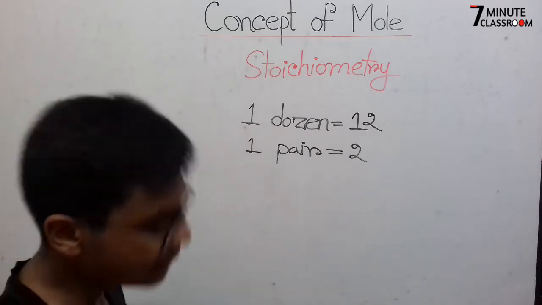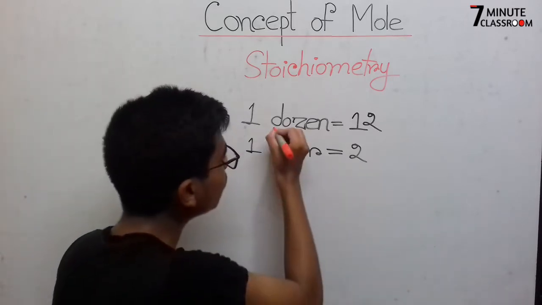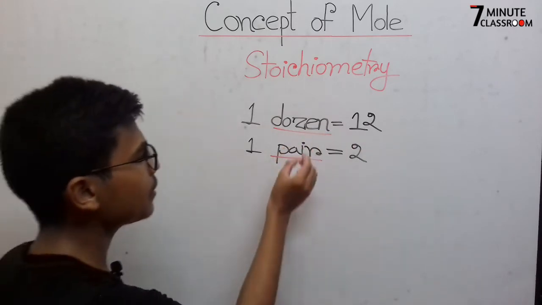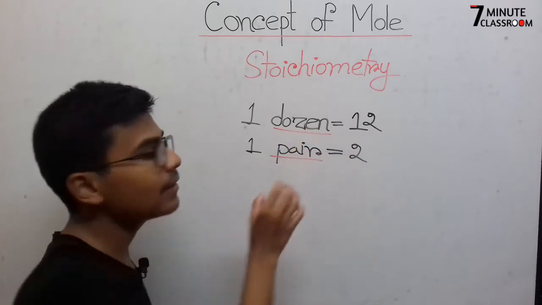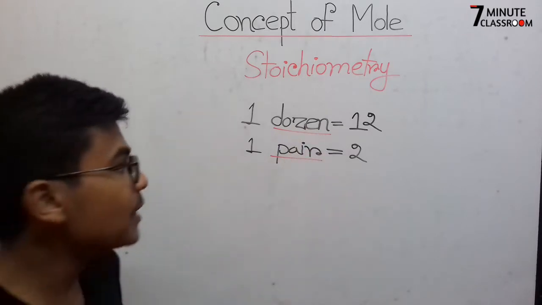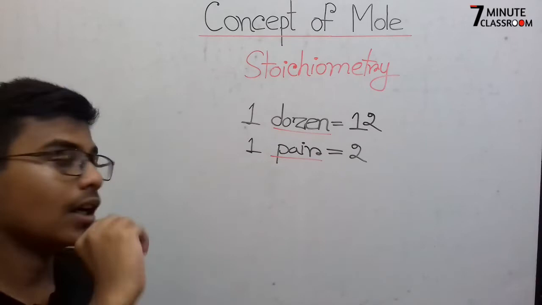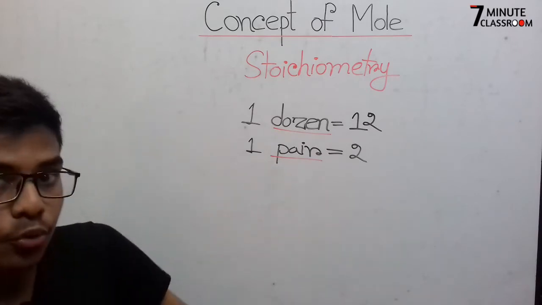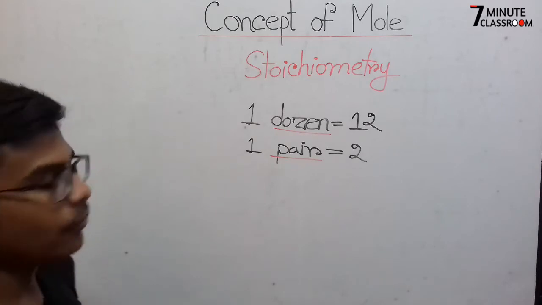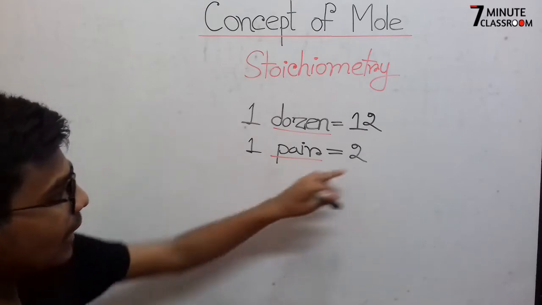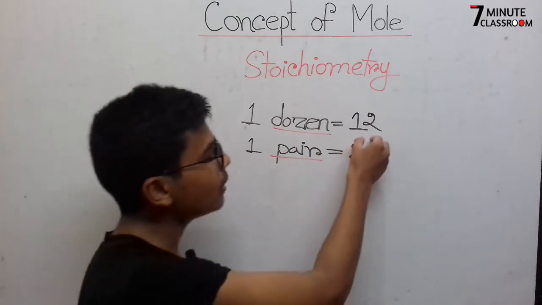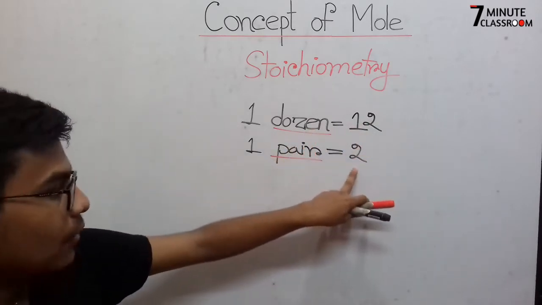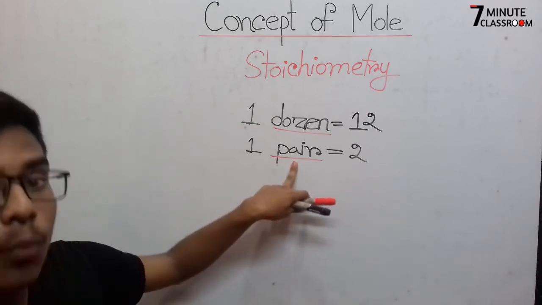So here you can see I have written dozen and pair. Why have I written dozen and pair? Dozen and pair, these are the units. 1 dozen means the number is 12 and 1 pair means 2. Okay, so in this way, 12 of something is equal to 1 dozen, 2 of something is equal to 1 pair.